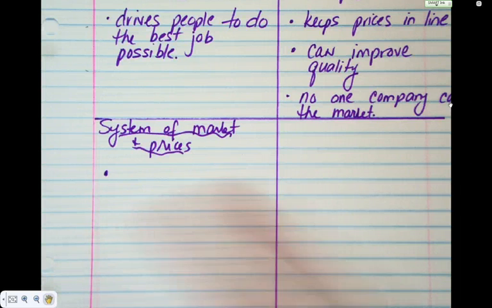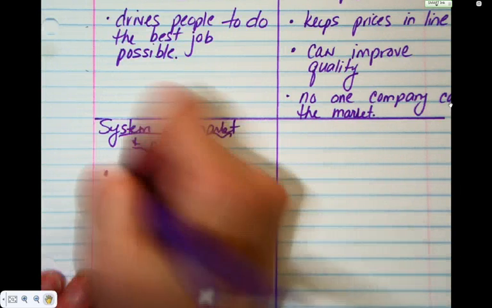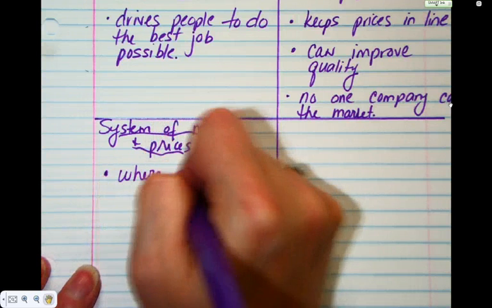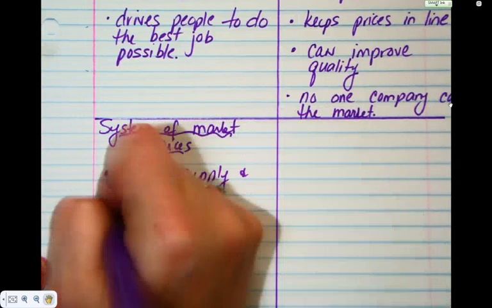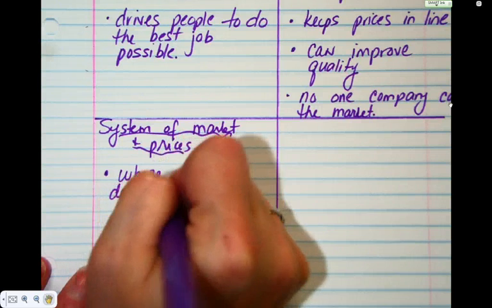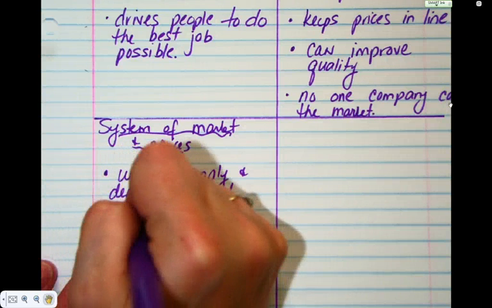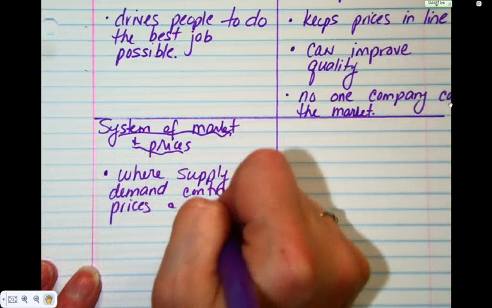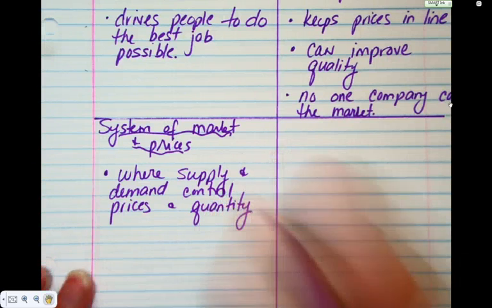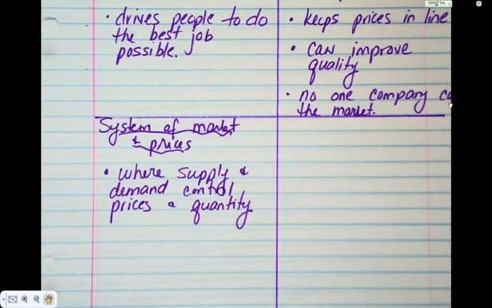This is actually the key point that's going to lead us into the next couple of units, which is where supply and demand control prices and quantity. Supply and demand control prices and quantity, as opposed to what controlling prices and quantity?